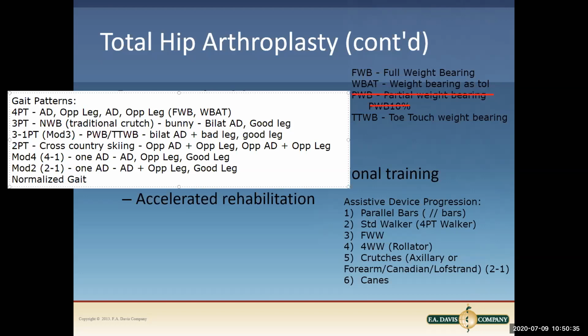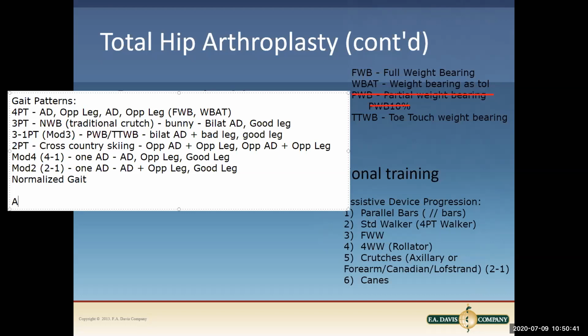Now, a lot of times on the PT's chart, the patient's eval, it'll say something like this: ambulate patient, appropriate gait pattern, LRAD. This is the best thing as a PTA you can ever get.